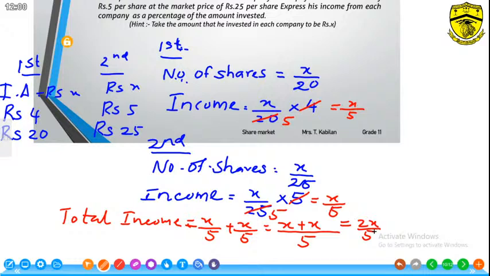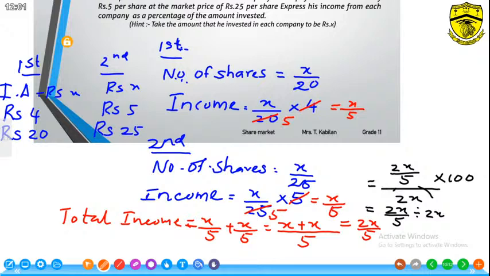Here, the total income we got, that is 2X by 5, and the total invested amount we know, that is X plus X, that is 2X. So 2X by 5 divided by 2X multiplied by 100 gives the income as a percentage of the amount invested. This means 2X by 5 divided by 2X multiplied by 100.